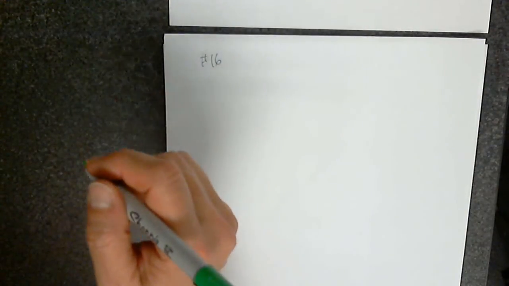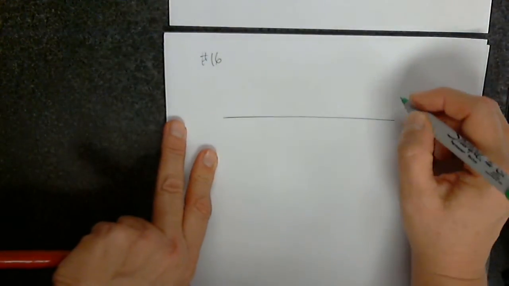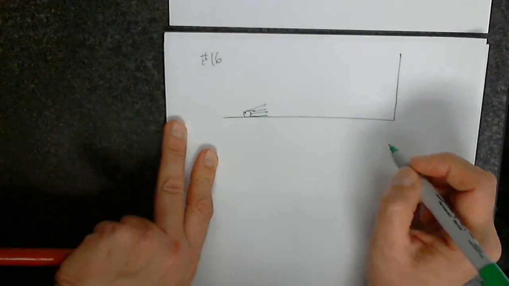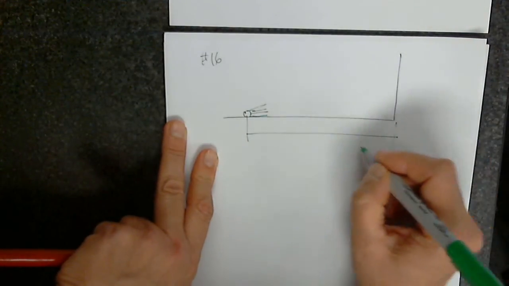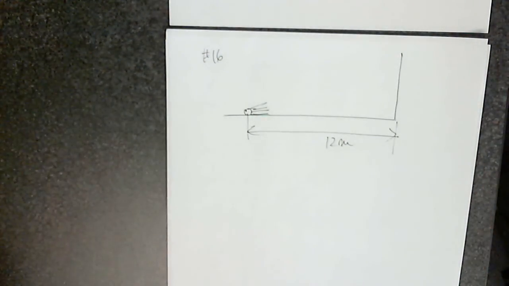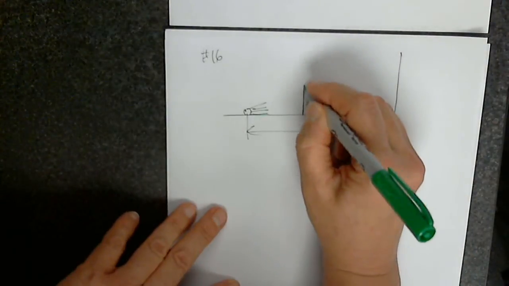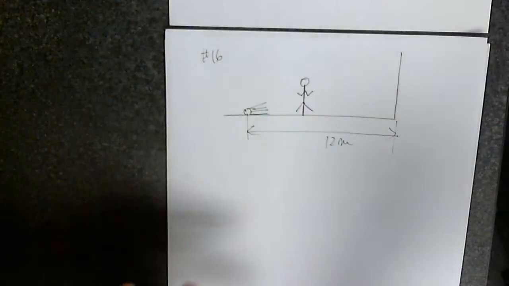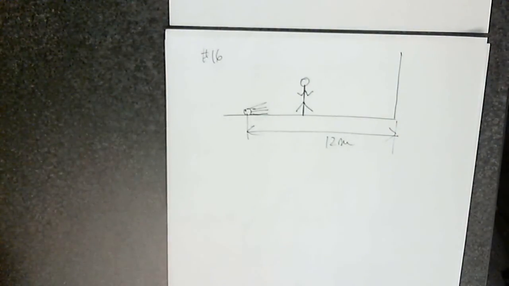A spotlight on the ground shines on a wall 12 meters away. If a man 2 meters tall walks from the spotlight towards the building. So here's the man. I can't draw a man, as you can see.